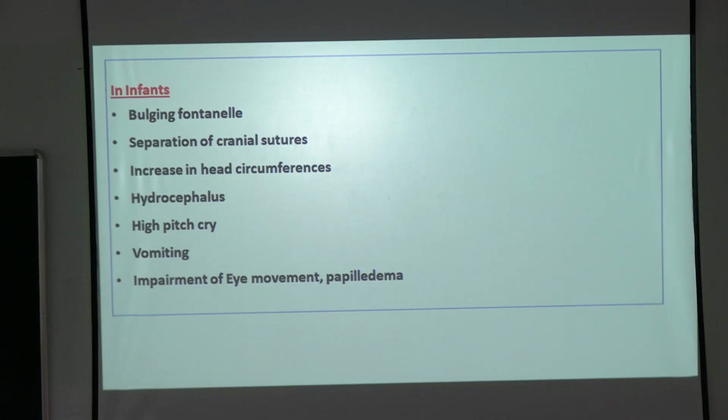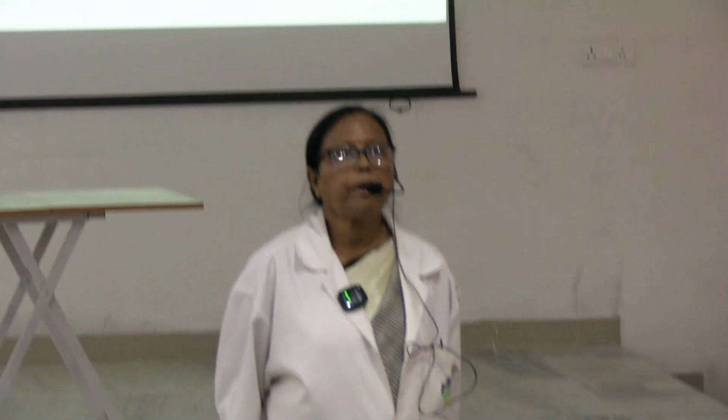In infants, what is there? They present with bulging of the fontanelle. In younger children or neonates there is separation of the sutures, between the frontal bone and parietal bone, due to increased pressure.